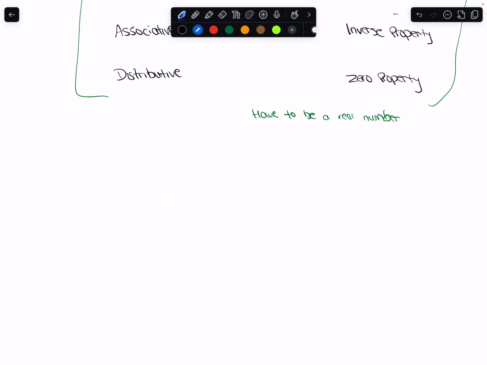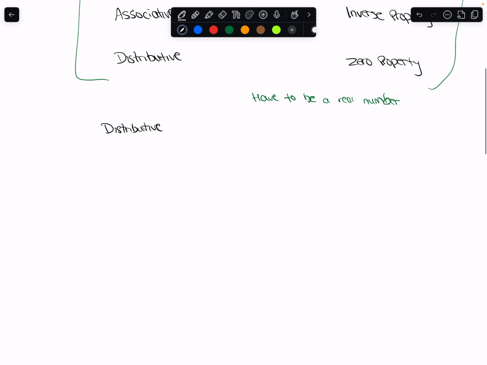And now we have our distributive property. I find it very straightforward personally, and it's probably one that everybody should understand pretty quickly. We'll do the same thing again, A, and then on the outside you have B plus C. This should be the same as AB plus AC, as long as these are real numbers once again. How did I get this answer?